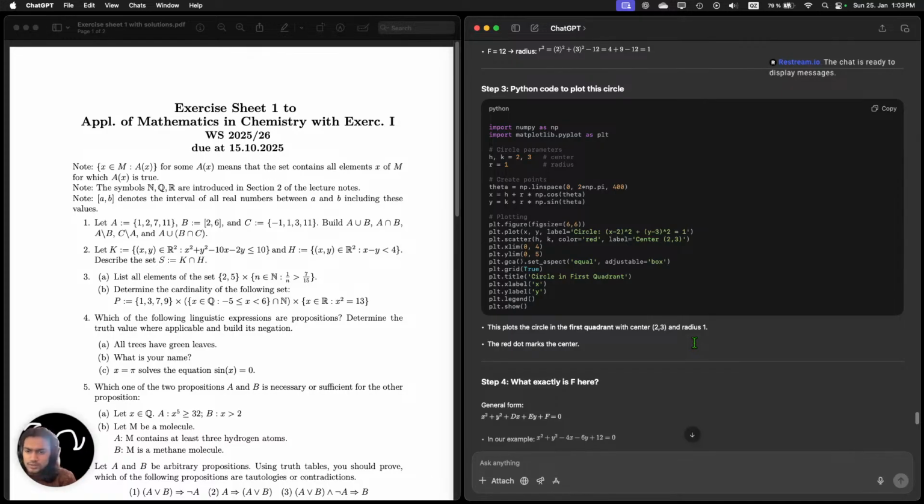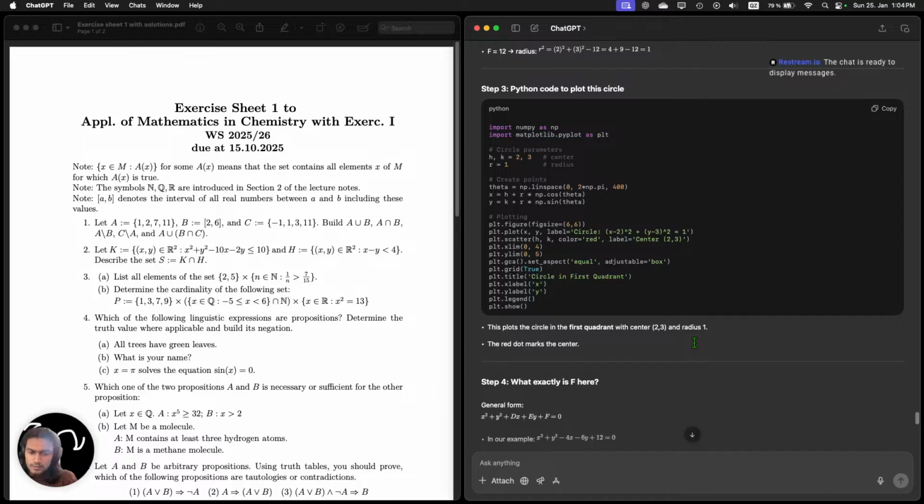No, I don't think it's the radius. 2 times pi times 1, we are only getting 6.